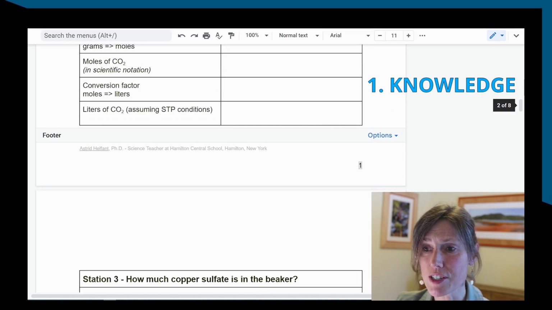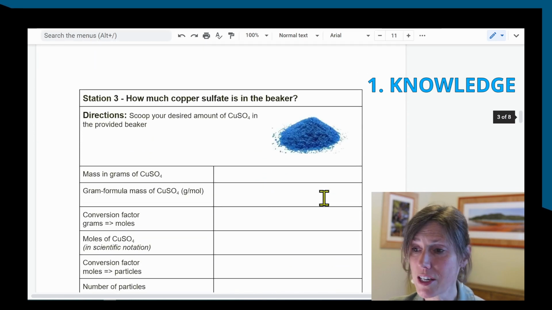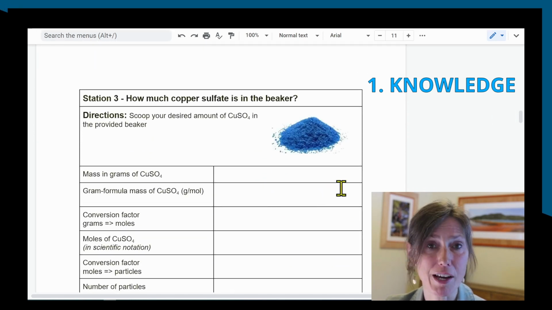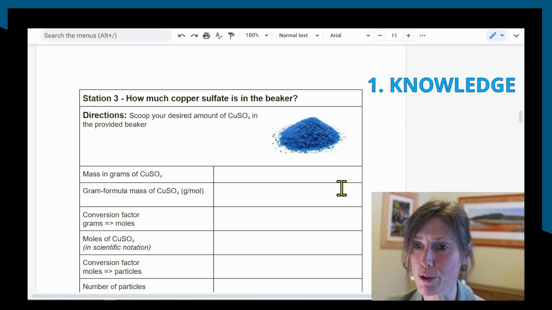Another station is how much copper sulfate is in the beaker. They decide how much they want to put in a glass beaker or on the weigh boat, and they measure it and do some conversions.